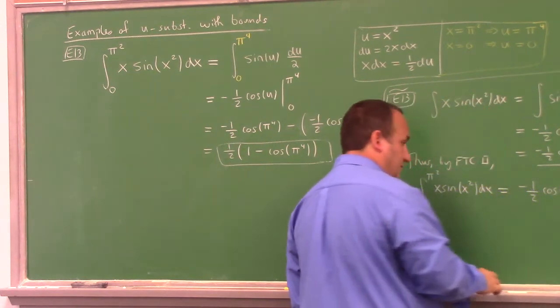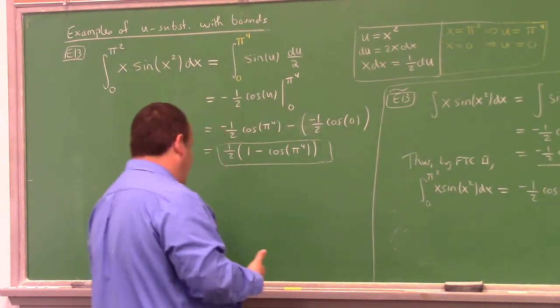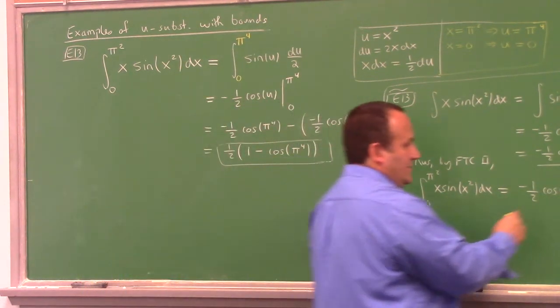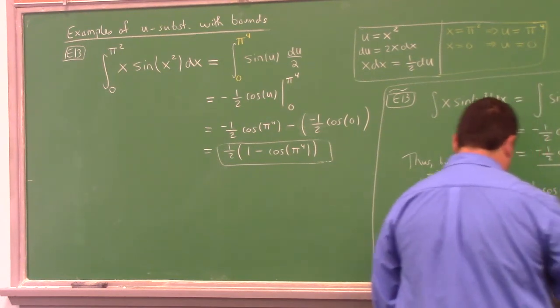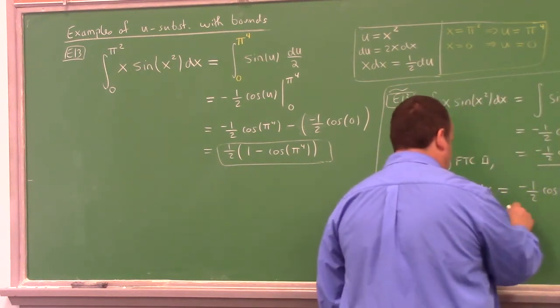Now, some folks, when they do a problem like this, will even write pi squared equals x and 0 equals x to emphasize what's going on, and then you plug it in.